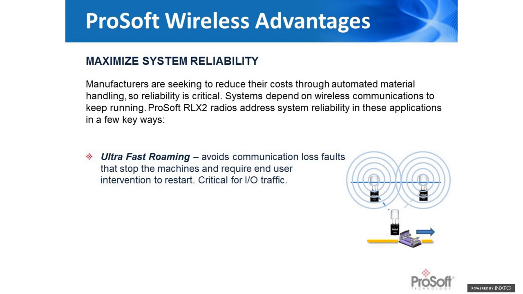Our roaming from a client going from one access point to another occurs in under 10 milliseconds. And it does this in a way that we almost never lose a packet. So those safety I/O systems appear to have a continuous connection all the time. This makes the system much more reliable as we deploy it in these roaming AGV applications.